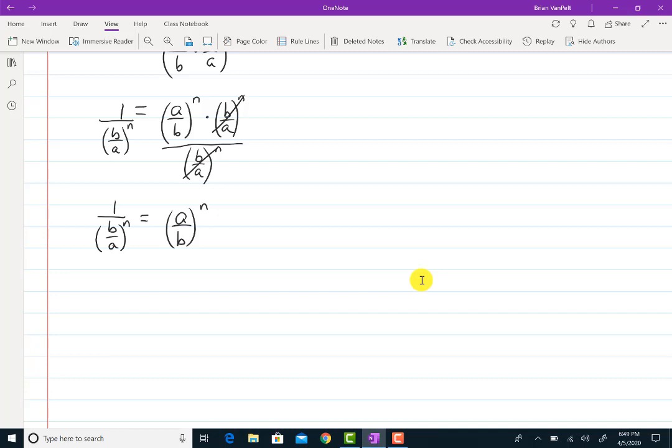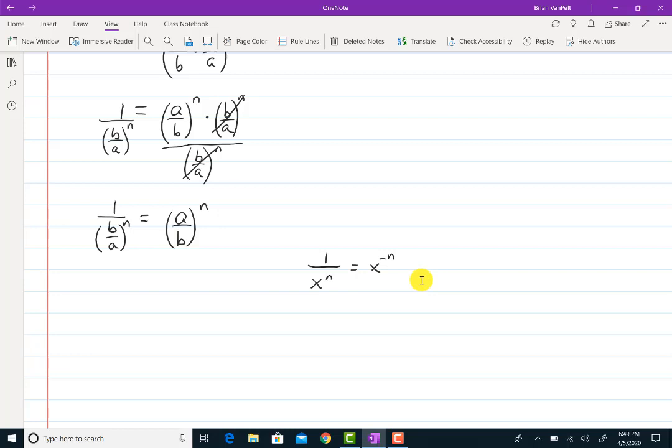That's actually a useful equation to have, but recall what we just showed above is that if I had 1 over x to the n, that's the same as x to the negative n power.